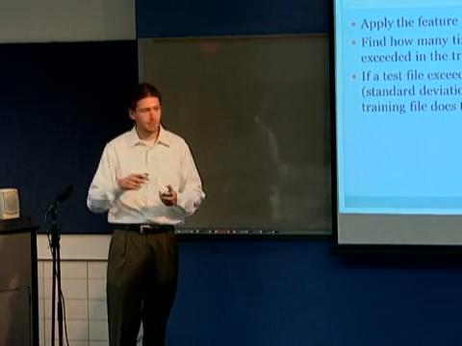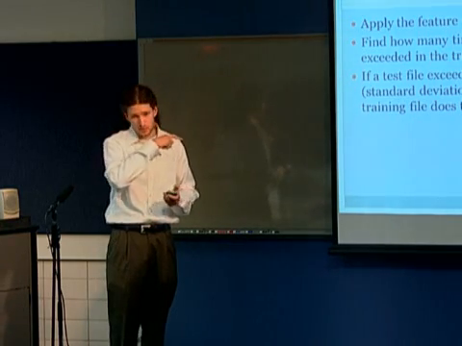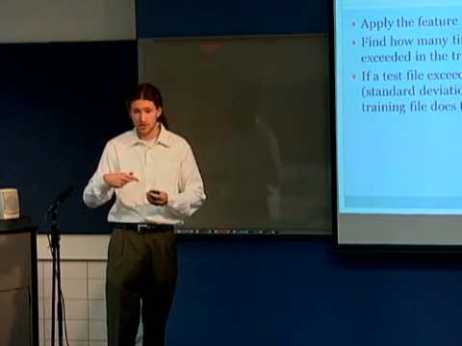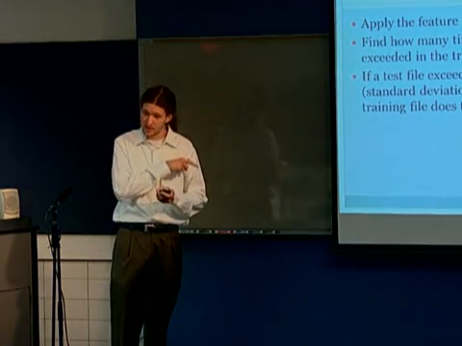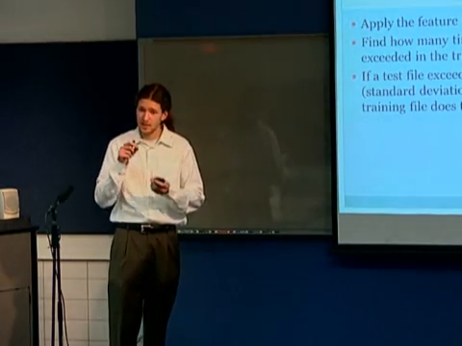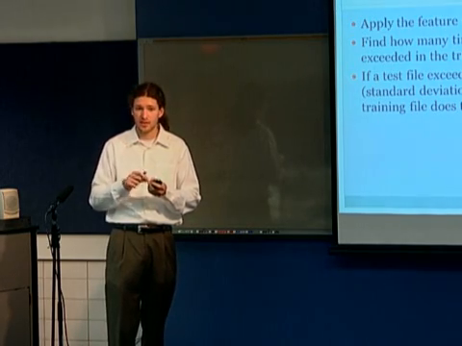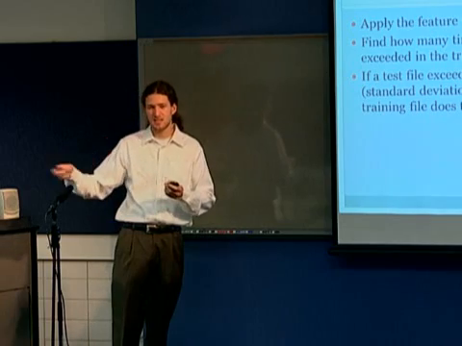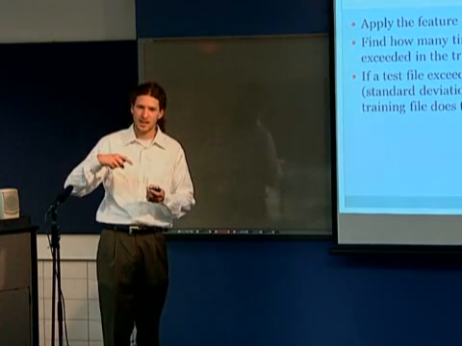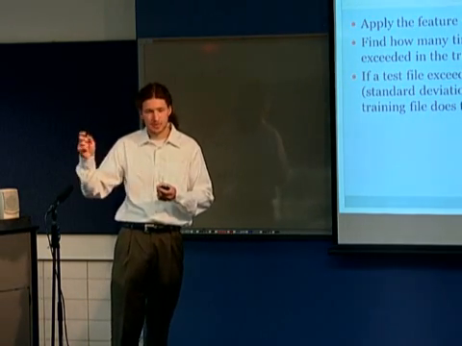And then I take that number, and I go to the test file that's associated with that training file, and I take its mean, and I take the standard deviation of the training file, and I say how many times has it exceeded 0.9 standard deviations, and if it's exceeded it more times than the training file has, then there's an error.